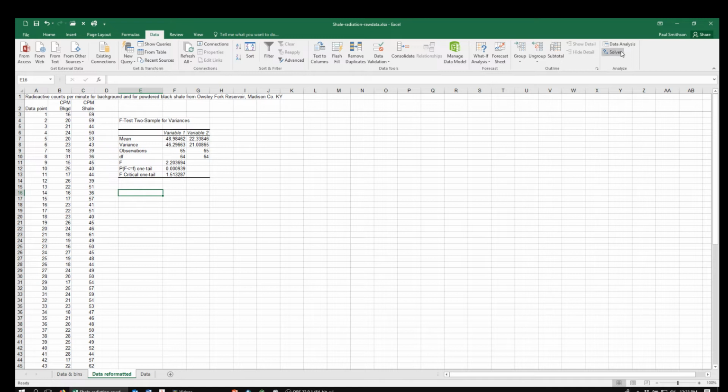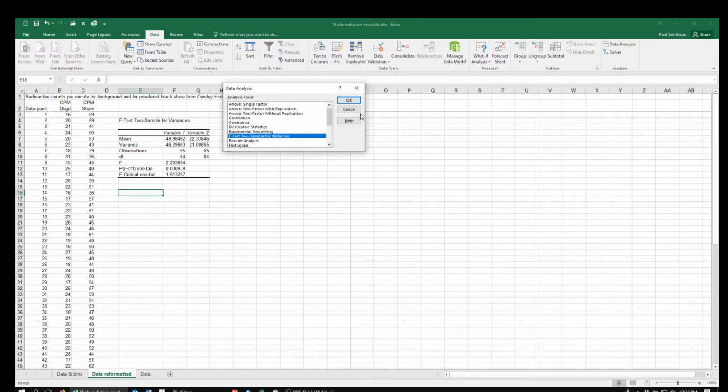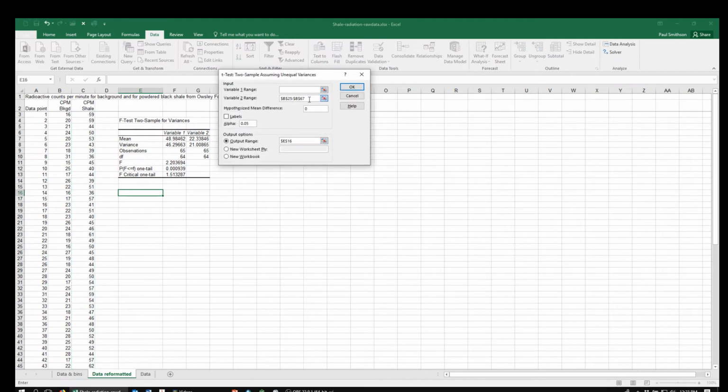But now let's do the t-test. Once again, this is the type 2 comparison of means. And we want to do a two-sample t-test assuming unequal variances.